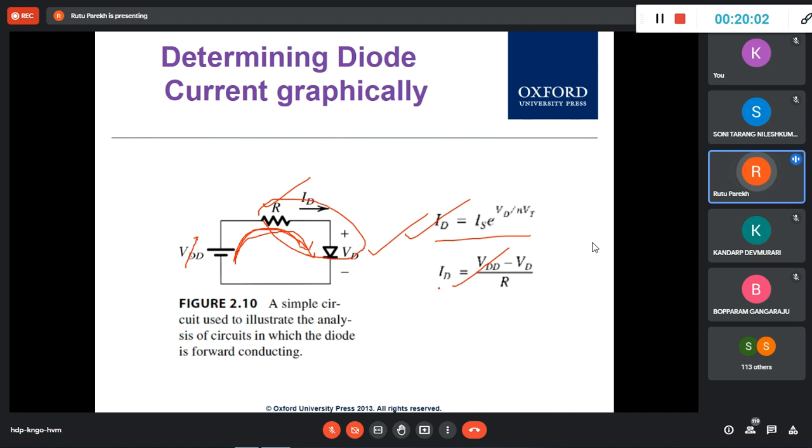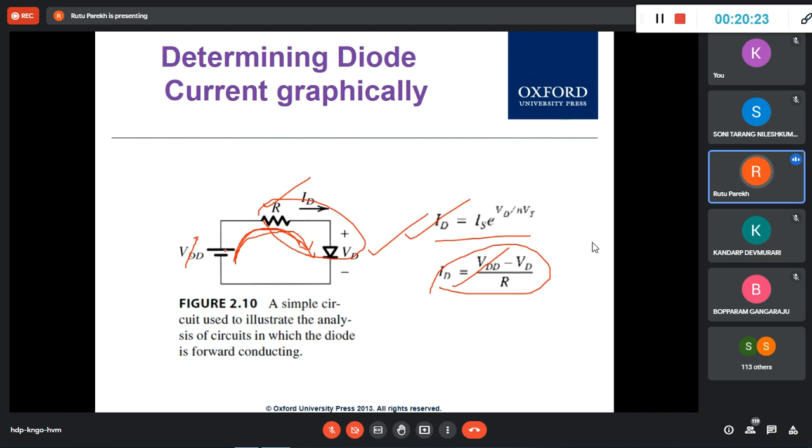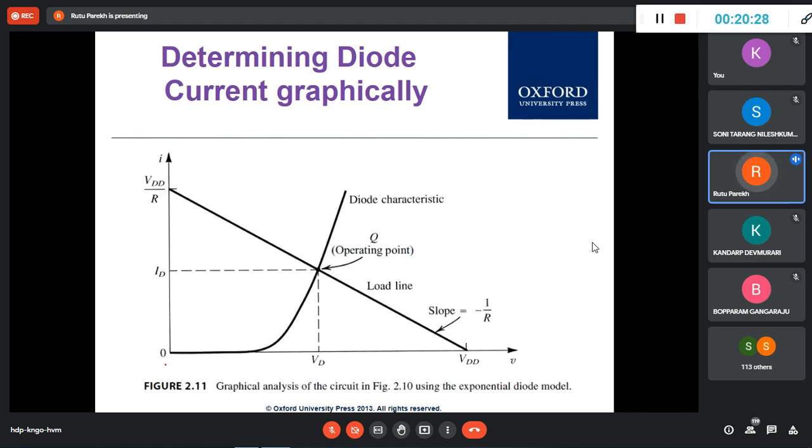And if you plot for this, this is the graph of this one, sorry, this one. So this is your V, and this is your I. Your V we are changing from 0 to VDD. Here, this is your supply, and this is your diode.